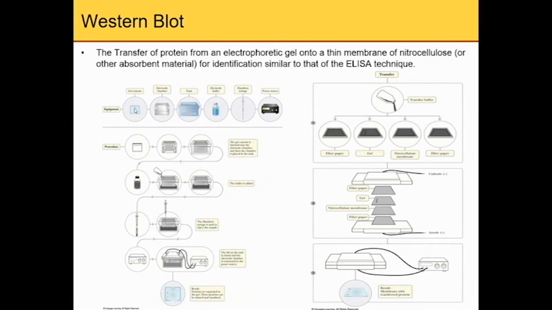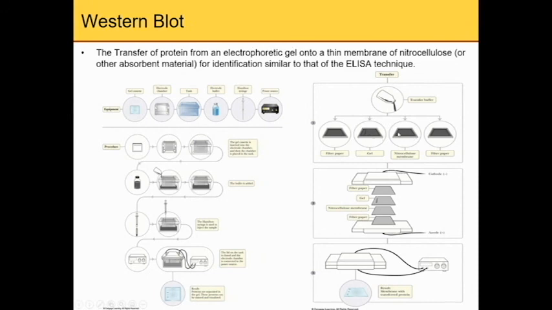This is the standard procedure: the filter paper, the gel, and then the nitrocellulose membrane, and you transfer the protein from the gel to the membrane.